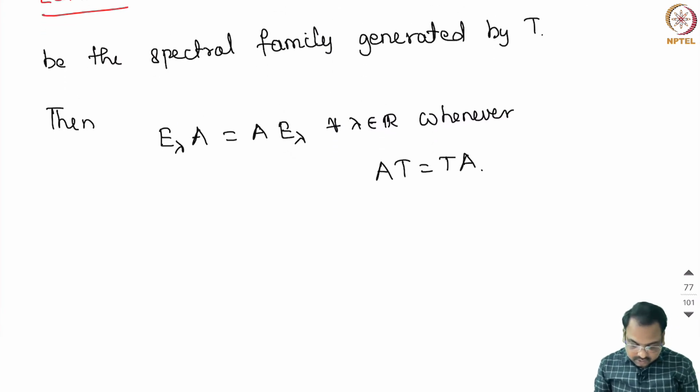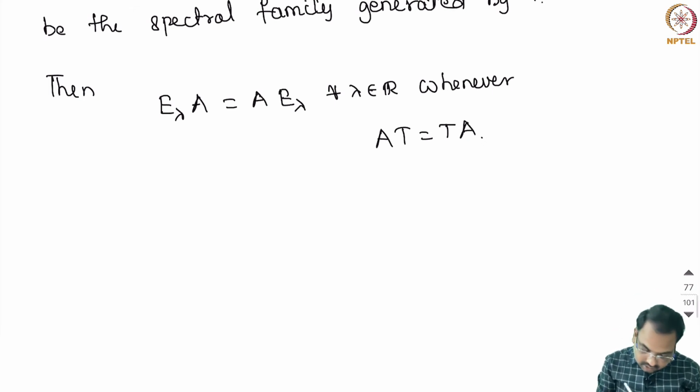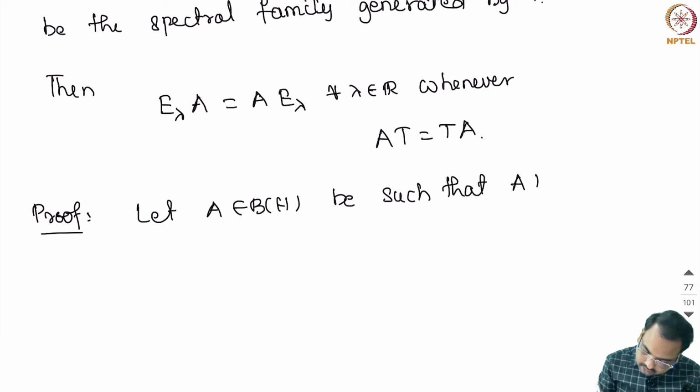Okay, so to show this, we know that E lambdas are orthogonal projections. So if a projection commutes with an operator, that is nothing but the range of the projection being a reducing subspace. So to show that E lambda commutes with A, it is enough to show that the range of E lambda, that is the null space of T lambda plus, is a reducing subspace for A. So let us take A to be a bounded operator such that AT equals TA.